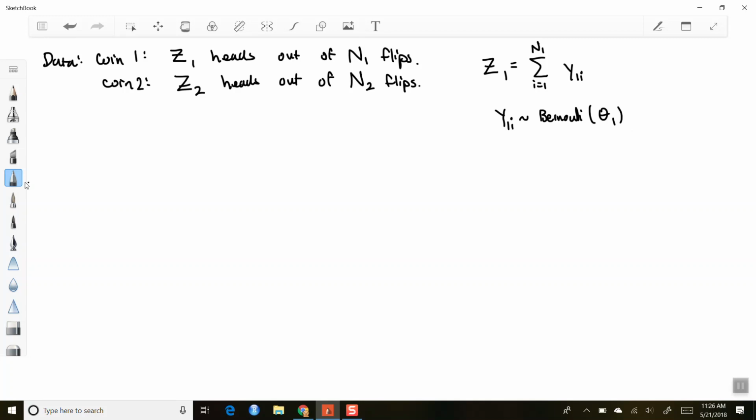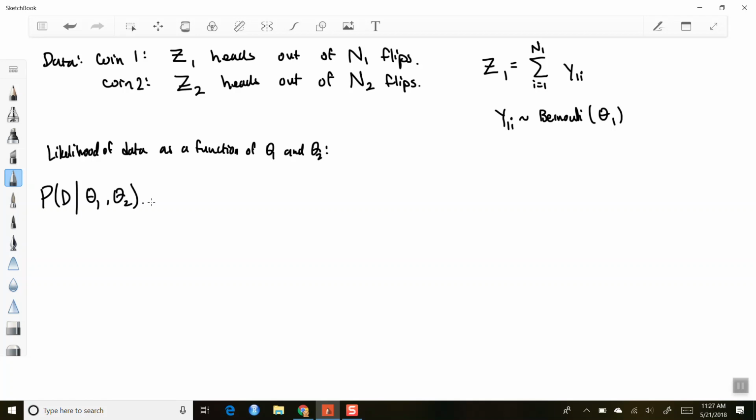Okay, and then your likelihood of the data as a function of theta 1 and theta 2. This is going to be the probability of the data given theta 1 and theta 2.